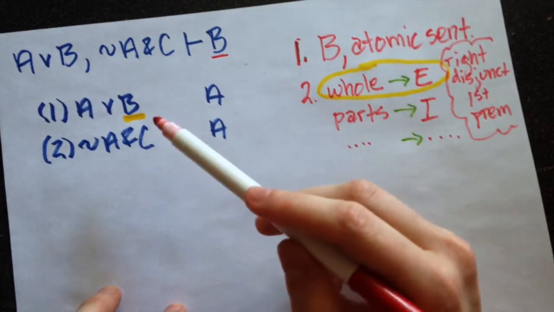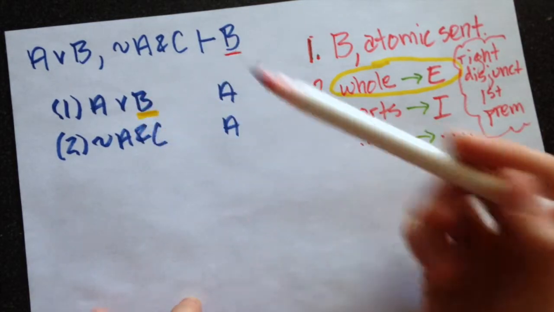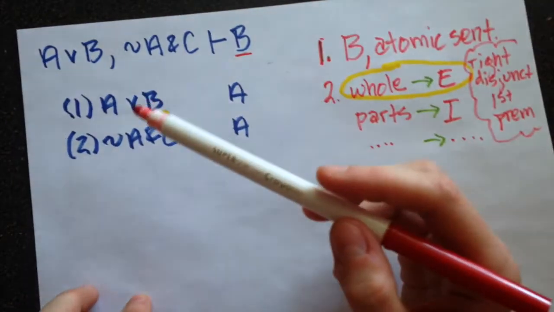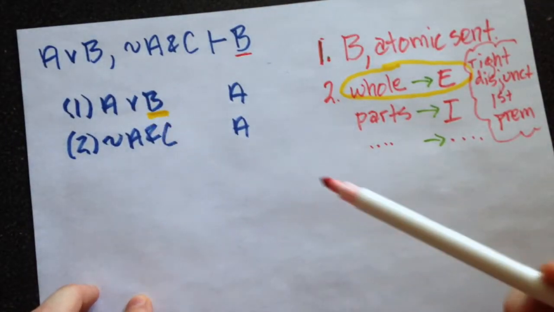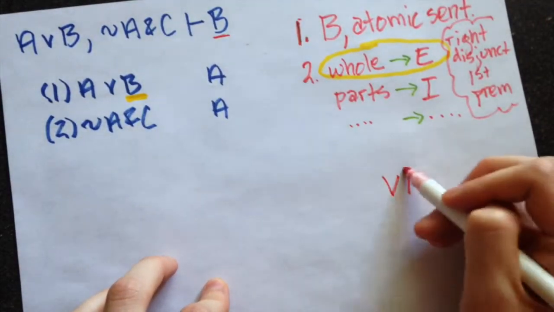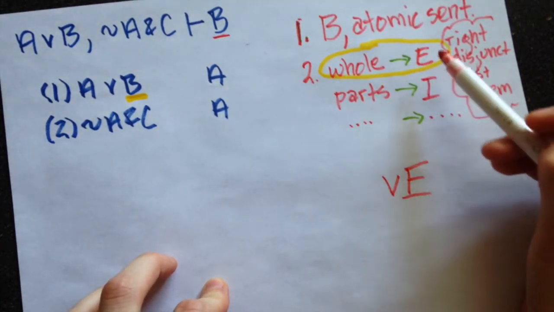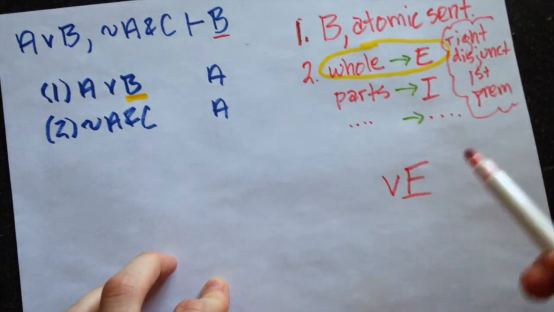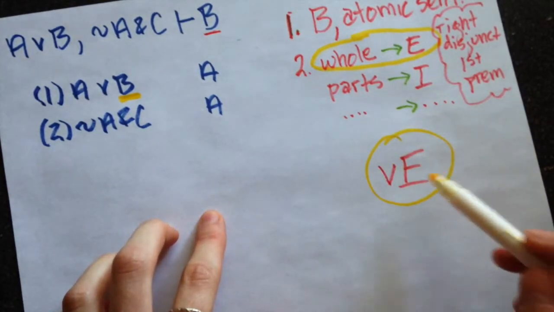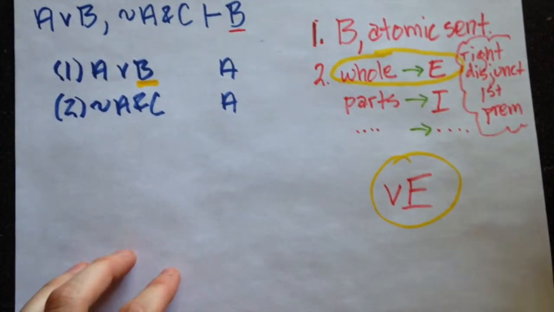Since it's embedded as a whole within a disjunction, what rule do we have that allows us to break apart disjunctions? We have a rule that allows us to pull out the disjunct of a disjunction, and that rule is wedge elimination. I said we would be using an elimination strategy overall. Specifically, our strategy is going to be wedge elimination. You want to keep this in mind all the while that you're working on this proof.